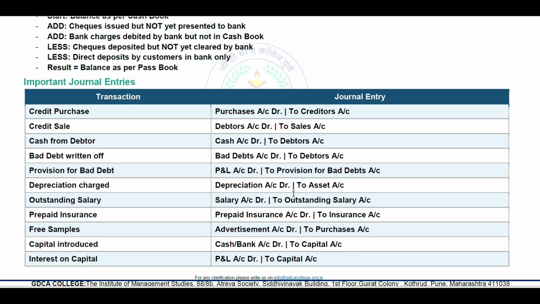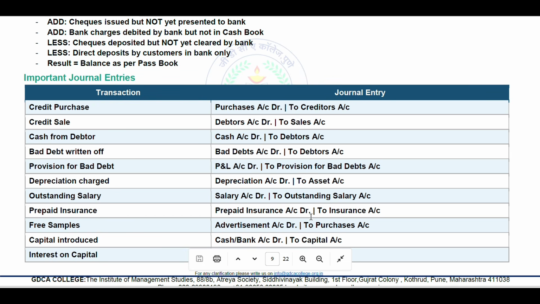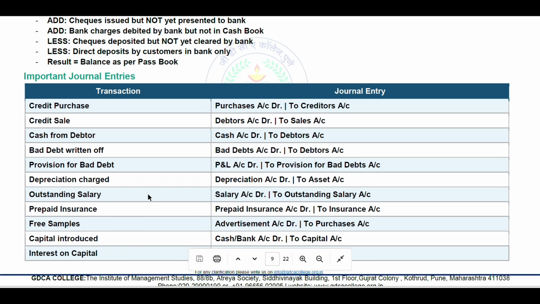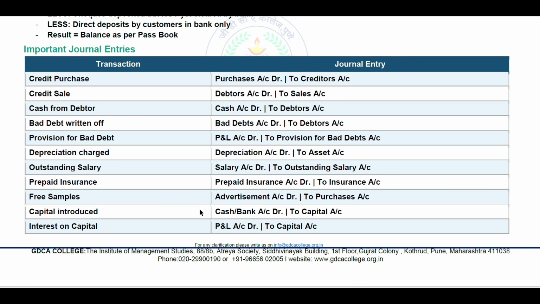Depreciation charge: depreciation account debit to assets account. Outstanding salary: salary account debit to outstanding salary account. Prepaid insurance: prepaid insurance account debit to insurance account. Free samples: advertisement account debit to purchase account. Capital introduced: cash or bank account debit to capital account.